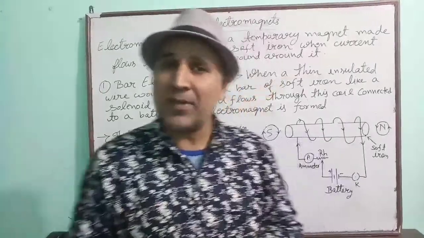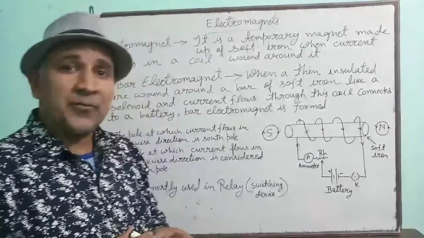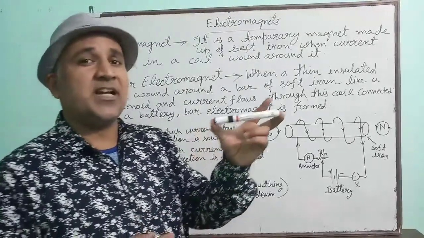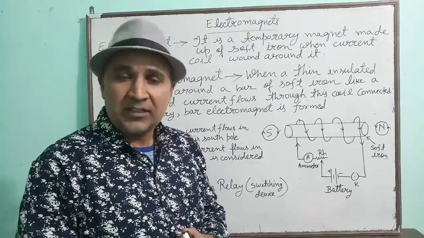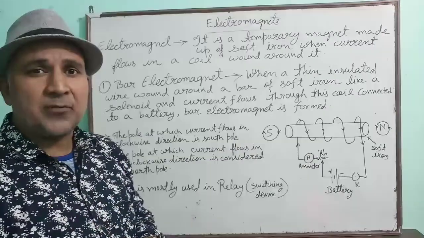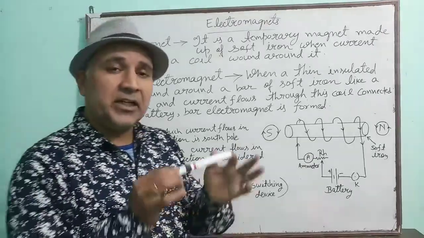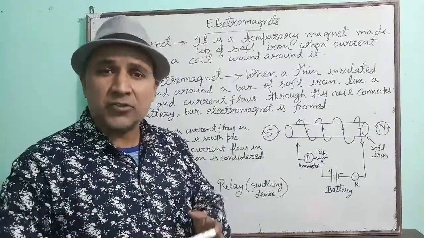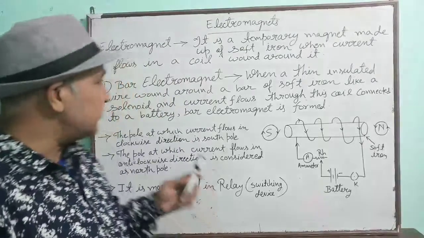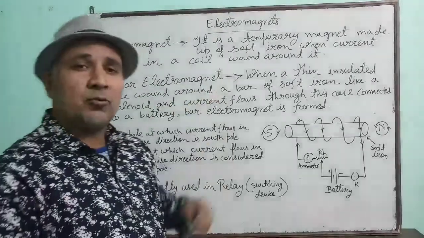What is an electromagnet? Due to the flow of current, if any object behaves like a magnet, then that will be called an electromagnet. Normally, there are two types of electromagnet. One is the electro bar magnet and the second one is the electro horseshoe magnet. First we will see the bar electromagnet.